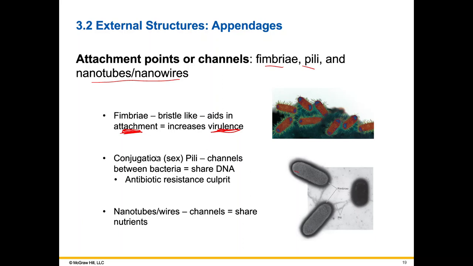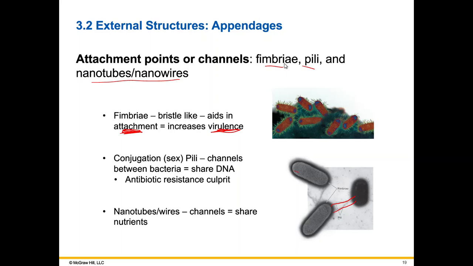So next we have conjugation pili. These are tubes, they're channels that bacteria can grow in between cells. So here we see pili. This is a tube that extends from one bacterium to the next, and they polymerize these tubes because it allows them to share DNA.